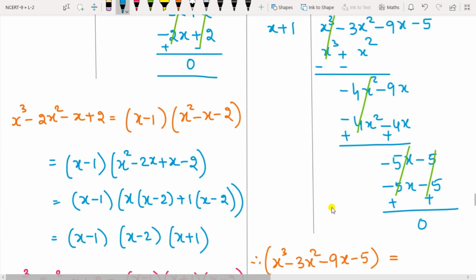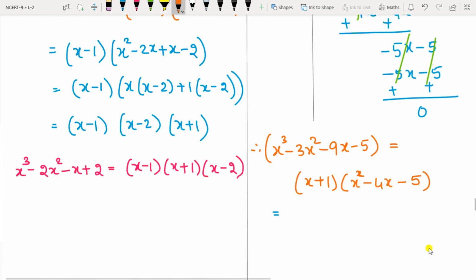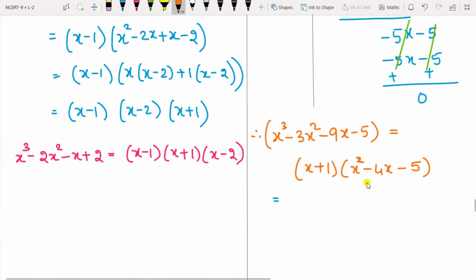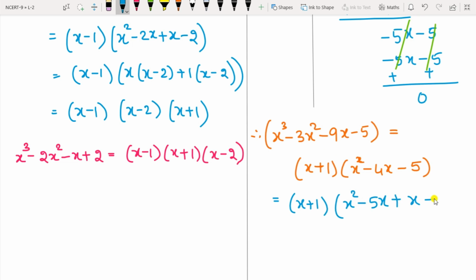Okay, so the terms that you got are, the first one is x plus 1 and the second one is x square minus 4x minus 5. Now you can split this one. Multiplying 1 and 5 is 5, and you need 4 as the answer here. So this is x square minus 5x plus x minus 5.